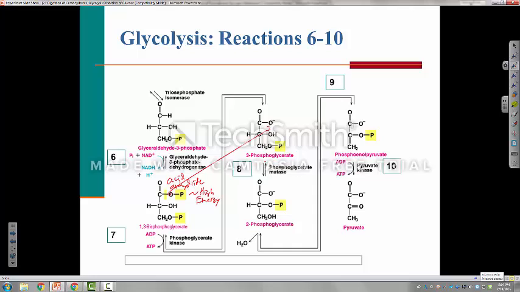What happens here is, again, the phosphate is moved to the second carbon. The alcohol here gets converted to an enol. So this is an enol. The reason it's an enol is that this is a double bond, phosphoenol. There's a double bond here.